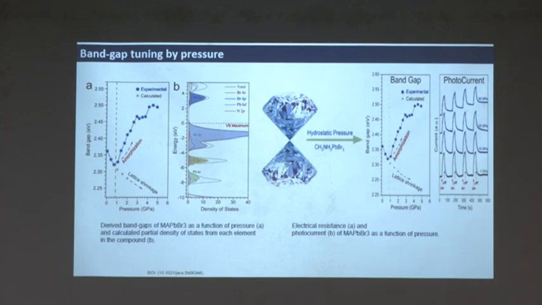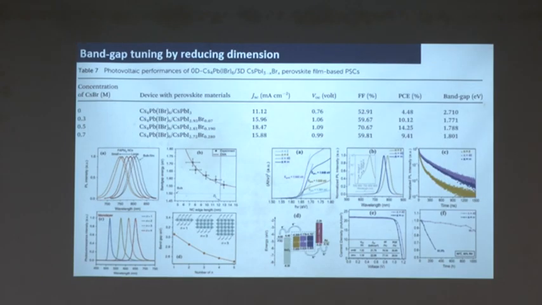It is one method of changing or adjusting properties of material for solar cells utilizing pressure. And here is also an opportunity for bandgap tuning utilizing nanotechnology.